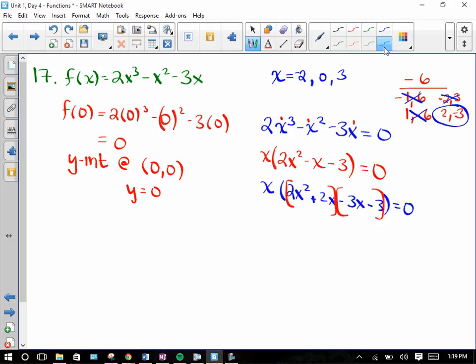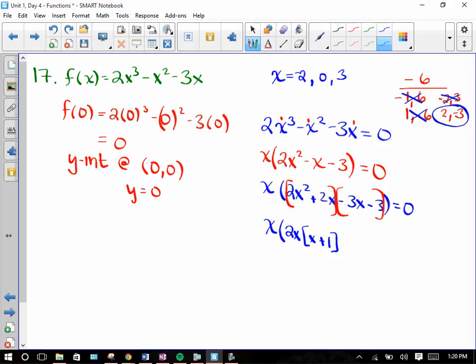So I have x times... What do these two terms right here have in common? 2x squared and 2x. 2 and x. So I'm taking the 2x out. So I have x plus 1 still.